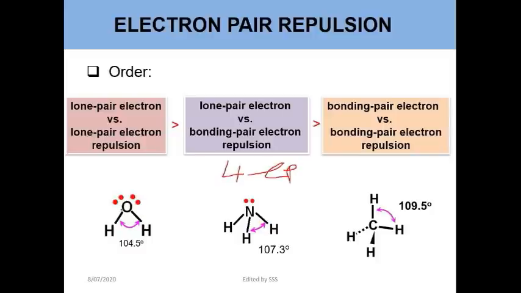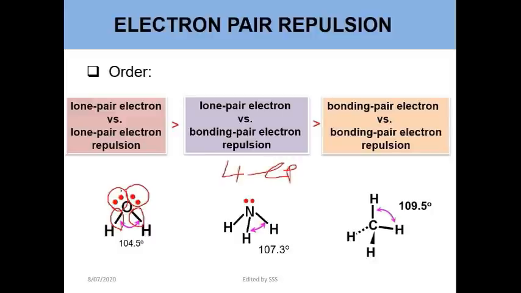For the water molecule, even though the oxygen atom has 4 electron pairs, it contains 2 lone pairs and 2 bonding pairs.